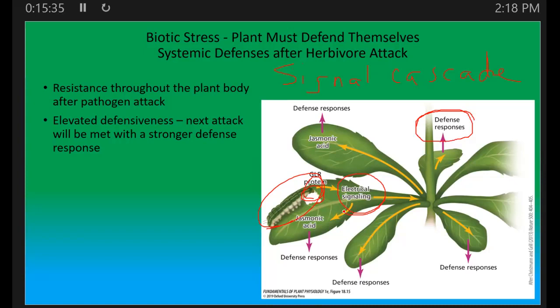And it makes sense that the plant has more than one avenue to try to defend itself, because it really does need to ramp up quickly, and it's kind of like a 1-2 punch. You really want to make sure that they're up and running their defenses and that they have a way to defend themselves really effectively.